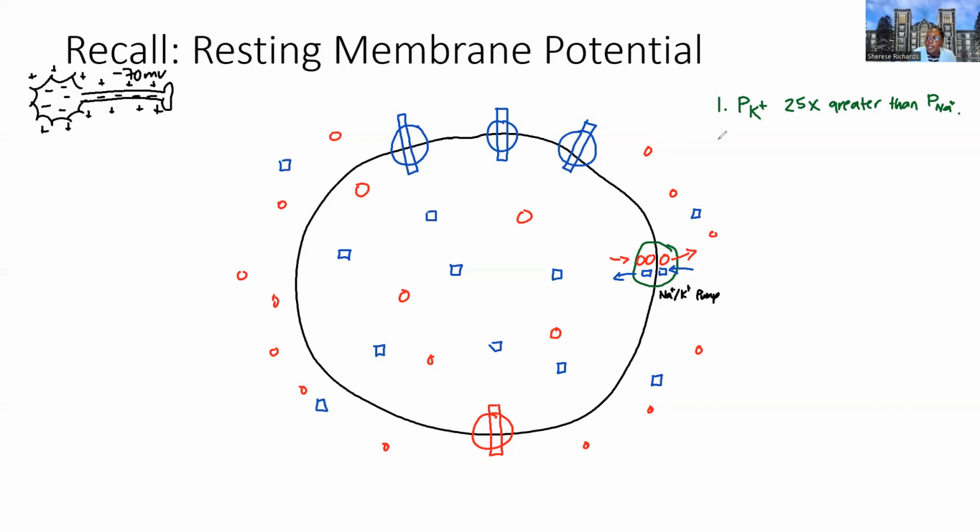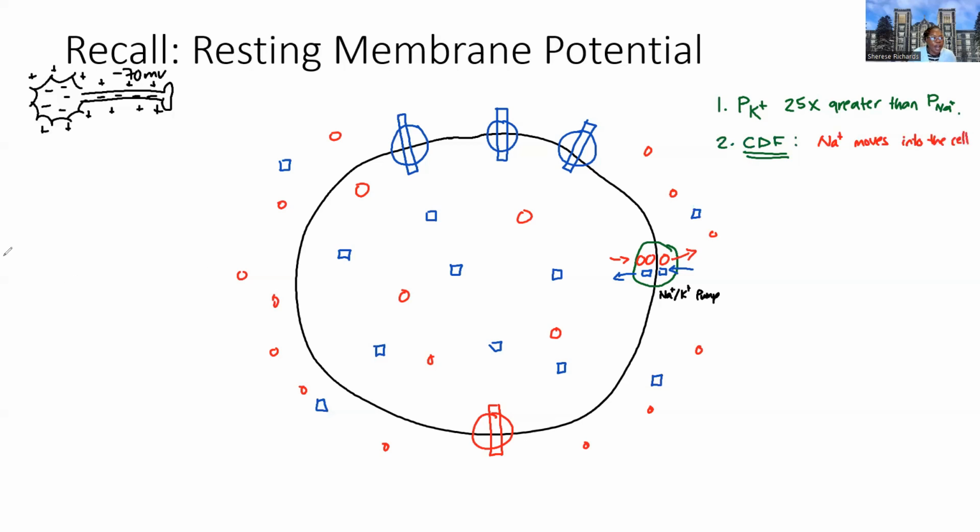Okay, so when we think about that, let's make a note of that here. The second thing we need to consider is the concentration gradient, in other words, the chemical driving force. And based upon what we just described, we know that sodium moves into the cell because it's at higher concentration outside, lower concentration inside. So sodium moves into the cell.